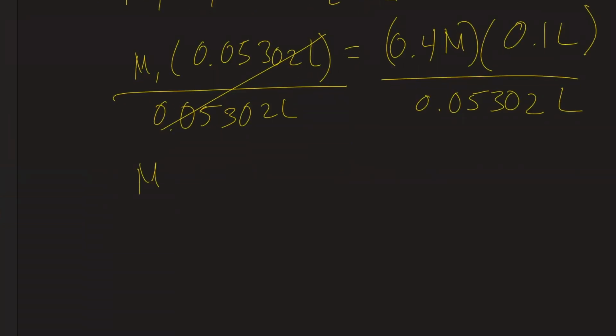So M1 should be 0.75443, approximately, rounding-ish. But since we have 2 H's for every HSO4, we have H2SO4, we have to multiply this by 2.